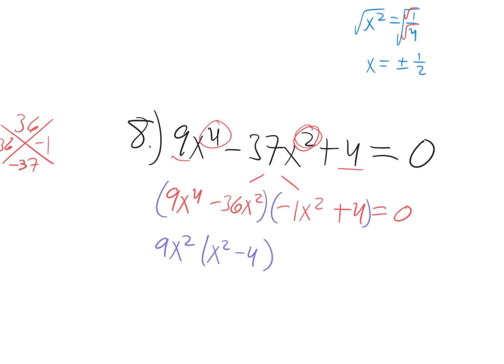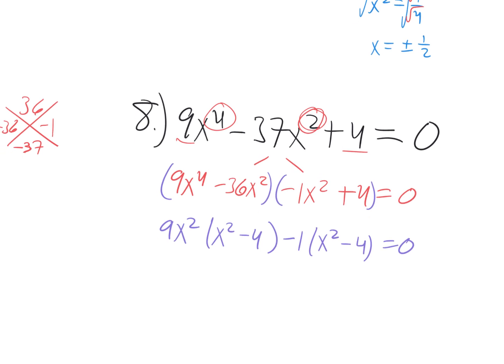In our second group, we can pull out a negative 1 just to get the insides to match. And then we get 9x squared minus 1 times x squared minus 4 equals 0.